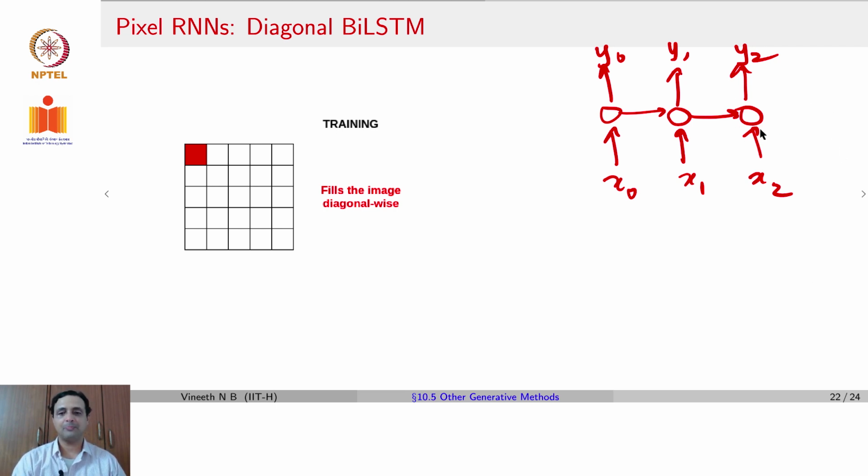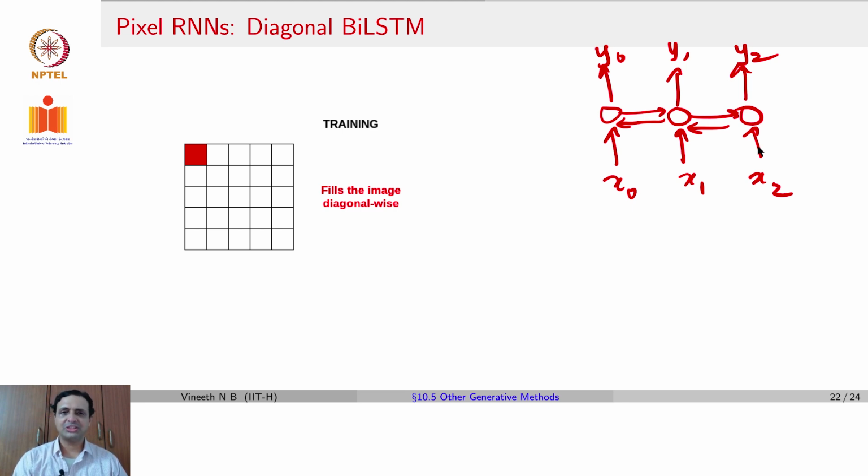That's your standard RNN. In a bidirectional RNN, you also go the reverse way. All these arrows here can also operate this way, which means you can reverse the entire RNN. You can now say y2 is generated based only on x2, y1 is generated based on x1 and x2, and y0 is based on x0, x1 and x2 all together.